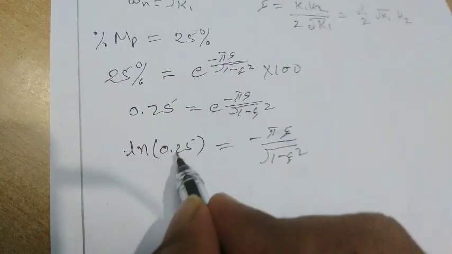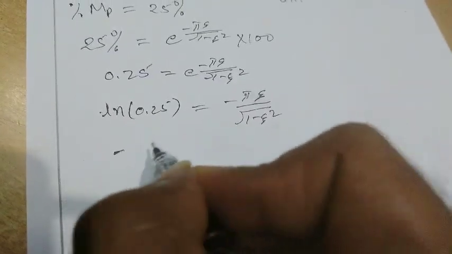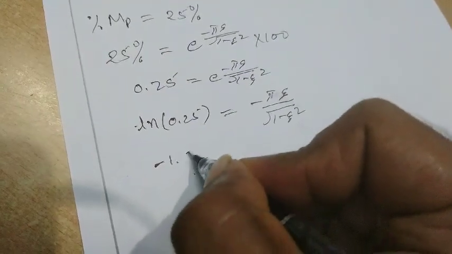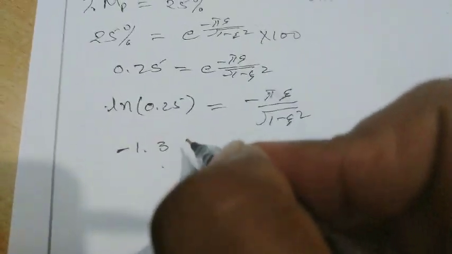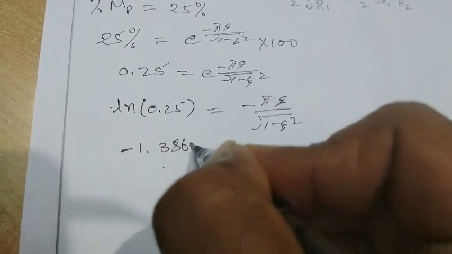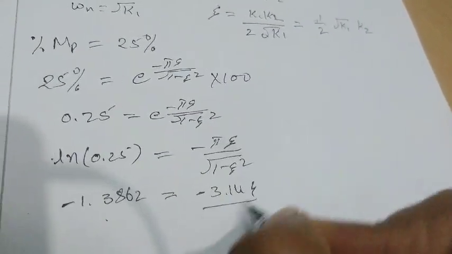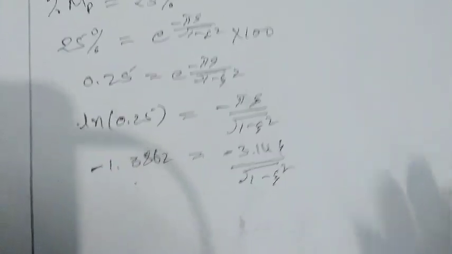So next we'll go for further simplification. Applying natural logarithm, I'll get ln of 0.25, I'll get minus 1.3862 is equal to pi value is minus 3.14 zeta by under root 1 minus zeta square.